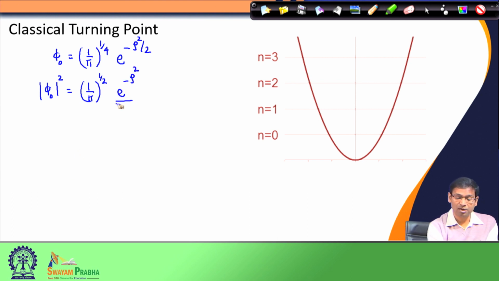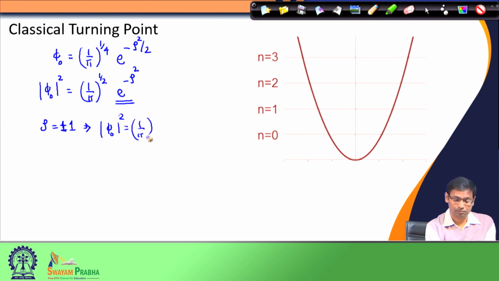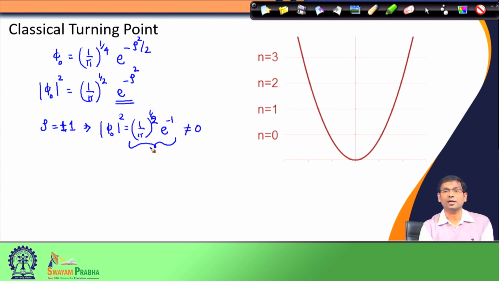If I find the probability density at rho equals 1, either plus or minus 1, then you would see that it is not equal to 0; rather, it has a finite value.